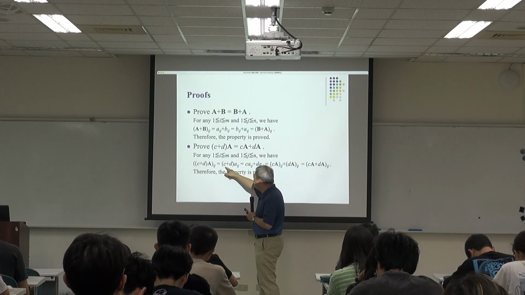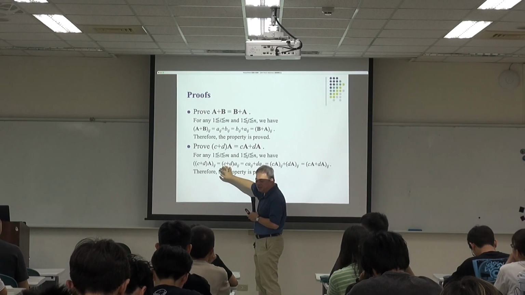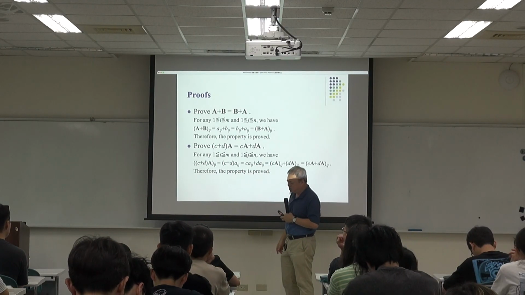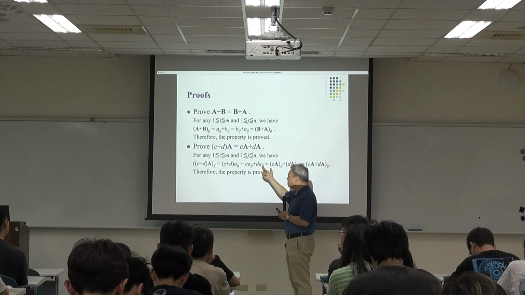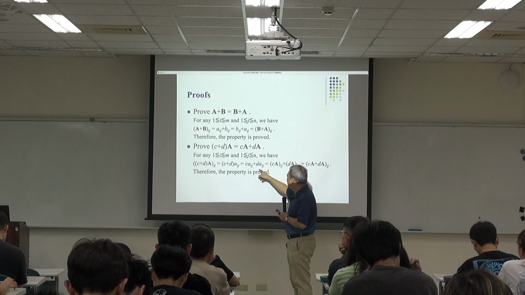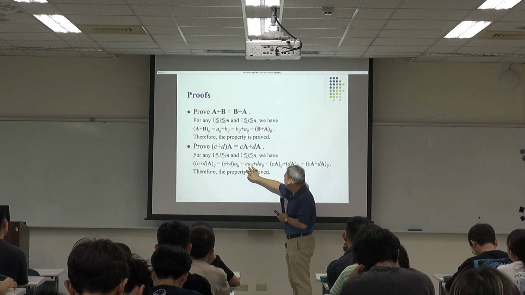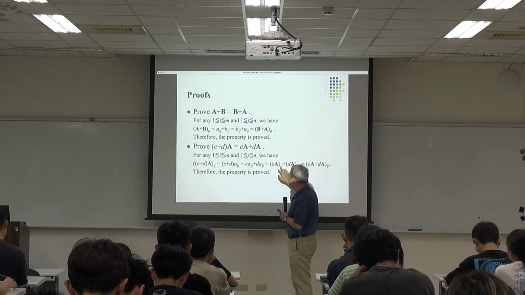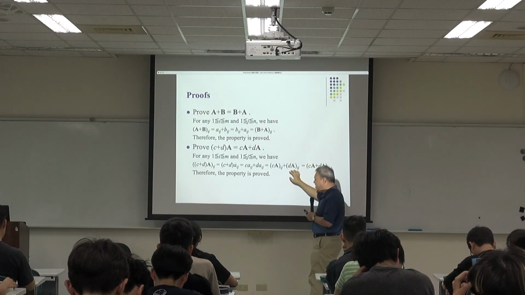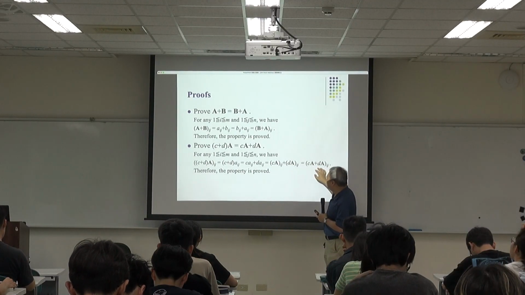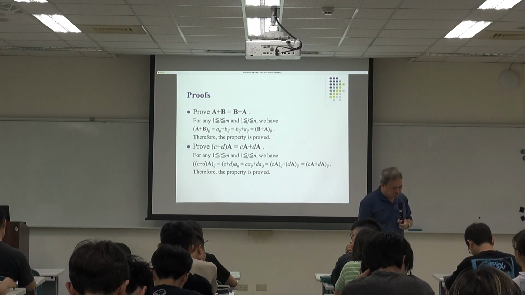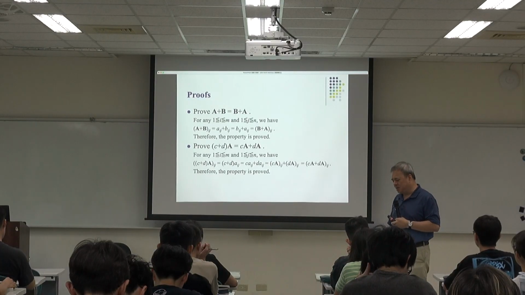Then, because now we are dealing with numbers, the distributive law applies to the numbers, so it becomes like this. CAij is C times (A)ij according to the definition, and DAij is this one. Again, according to the definition, we can write it back like here. So every time we talk about proof, it always comes back to the definition.